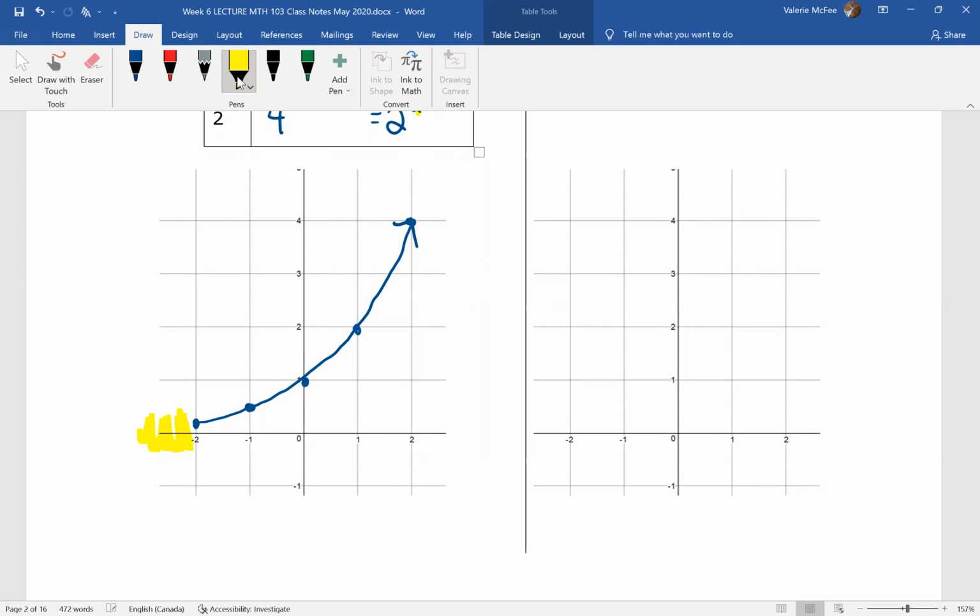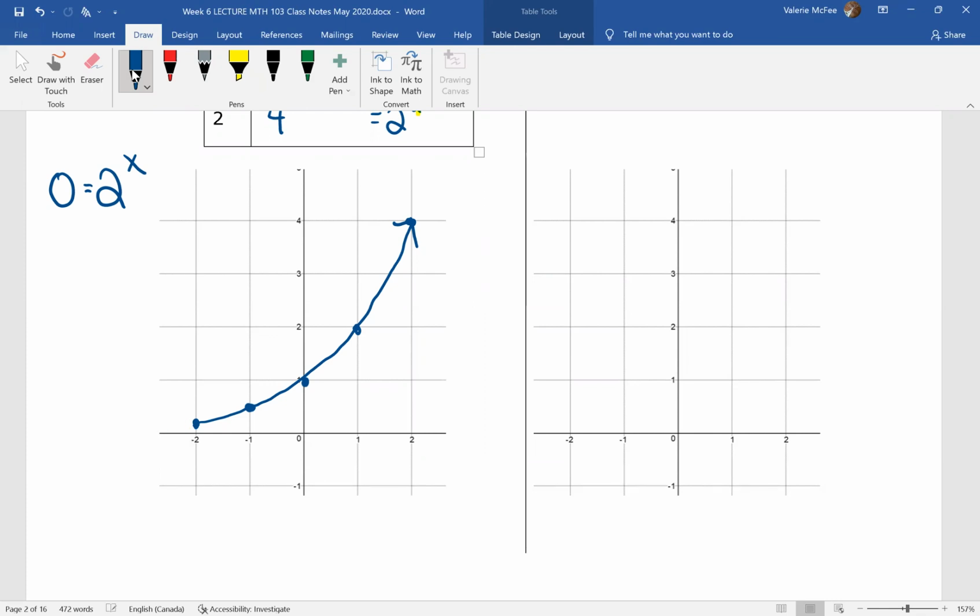If the graph reaches the x-intercept, then we know that y has to equal 0. So the question is, does 2 to the power of x ever equal 0? It doesn't. Our numbers get smaller and smaller as x gets smaller, but we don't reach zero.